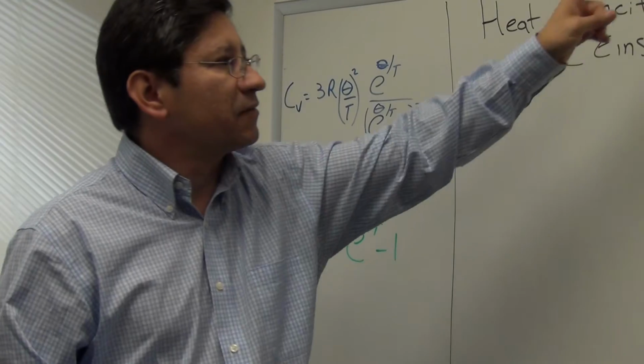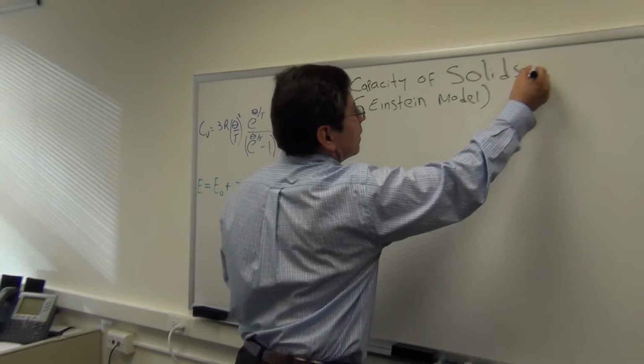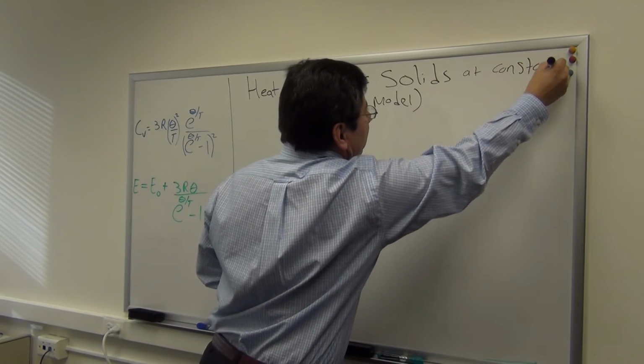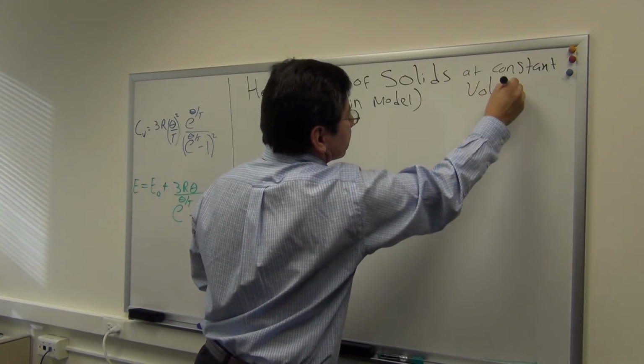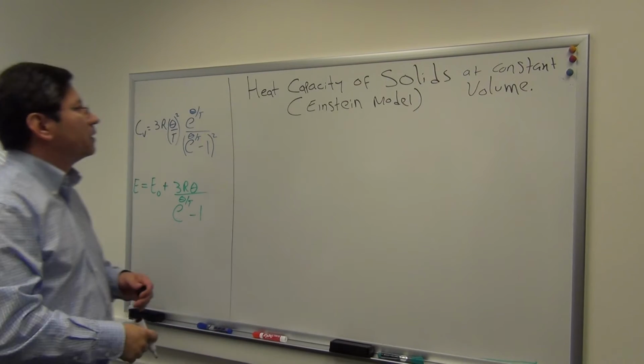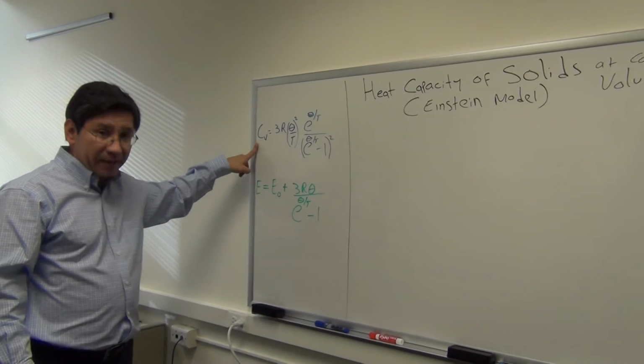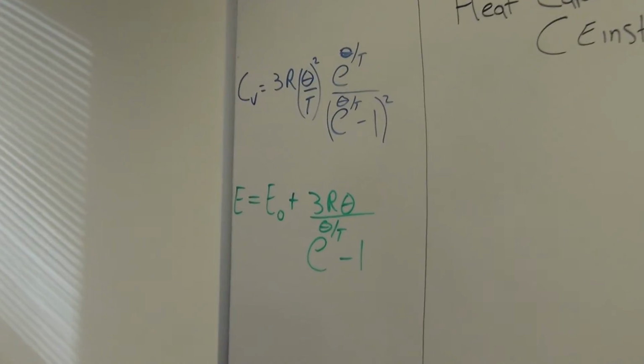So, the heat capacity of solids, at constant volume, right? Starting here, we'd like to end up here. So how do we do that?